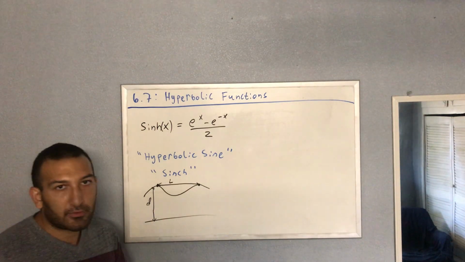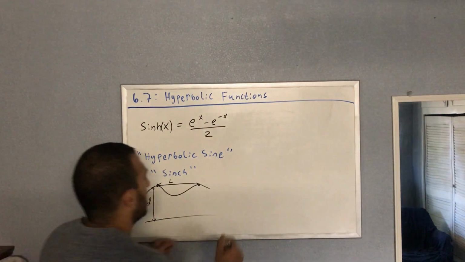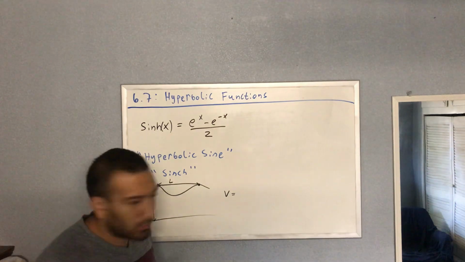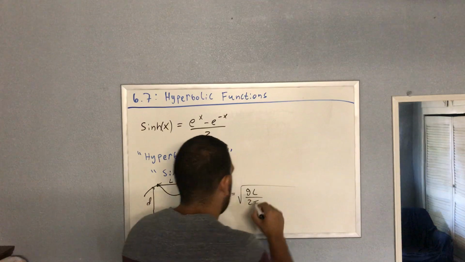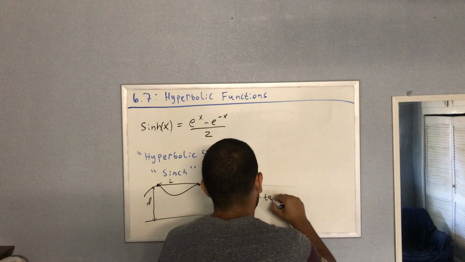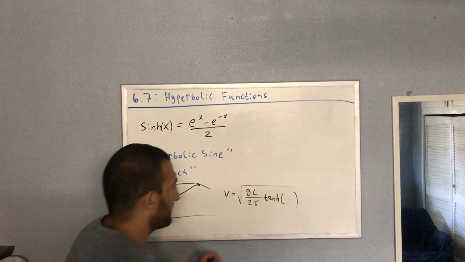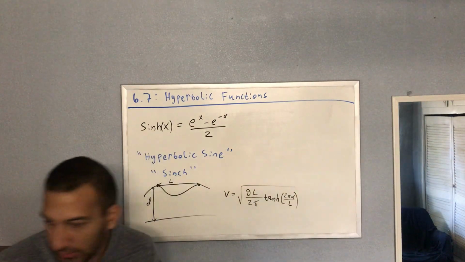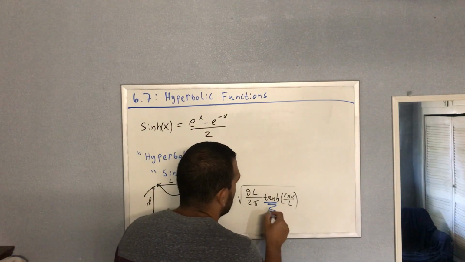If you have a water wave traveling like this, its velocity is modeled by this formula. It's equal to the square root of this guy here, and then this function that I haven't talked about yet is hyperbolic tangent, so tanh.